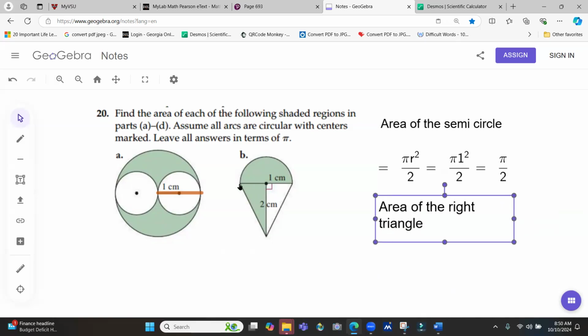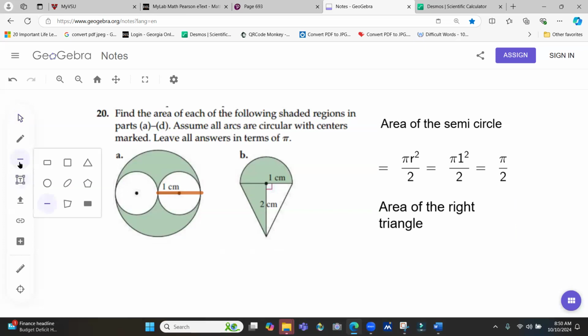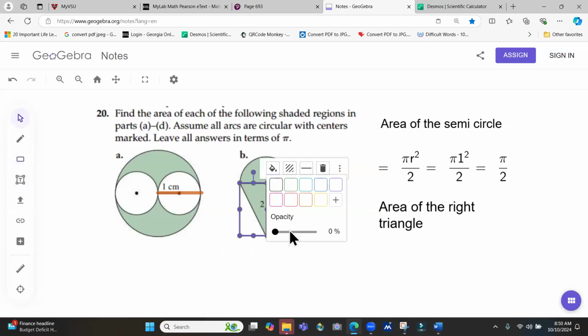This line, which is 1, times this line, which is 2. 2 times 1 is 2, and then divided by 2 because it's a triangle, you want half of the rectangle. 2 times 1 will give you the area of this rectangle, the pink rectangle, but you don't want the whole rectangle.